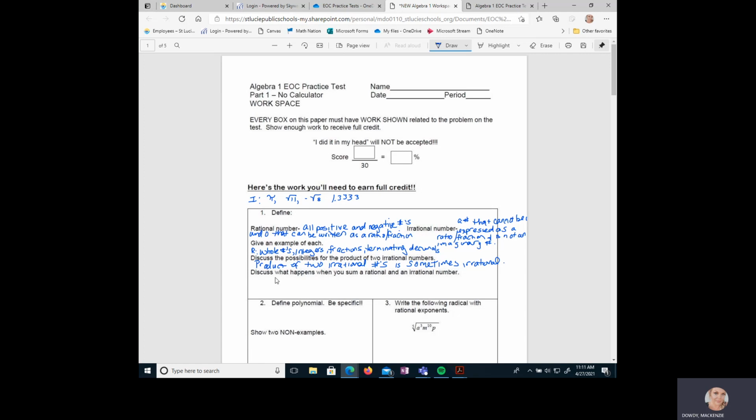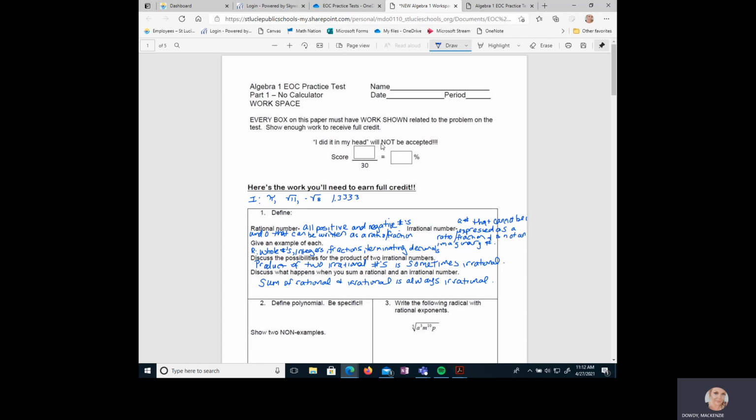The sum, discuss what happens when you sum a rational and an irrational number. When you add together a rational and an irrational number, the sum will always be irrational. So the sum of a rational and irrational is always irrational.